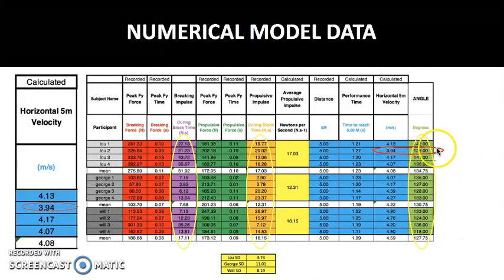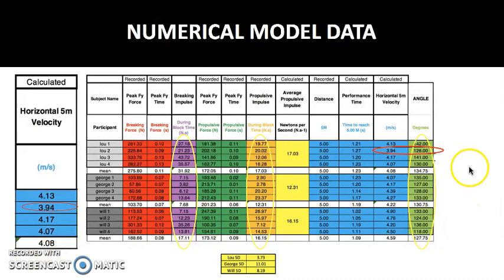Lastly, you can see this relationship over here between velocity and the angle at their knee. When they have the smallest angle at the knee, which was 126, this actually resulted in the lowest velocity score of 3.94 meters per second.